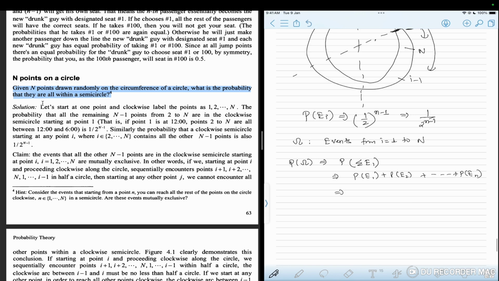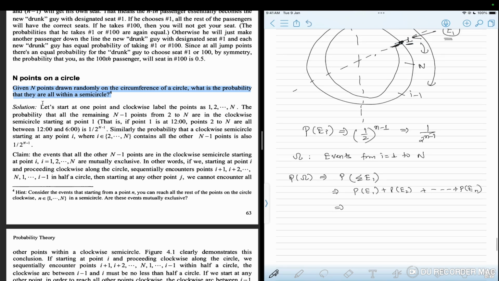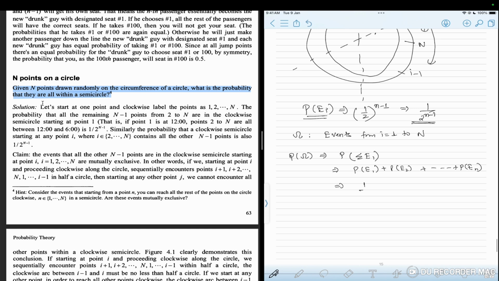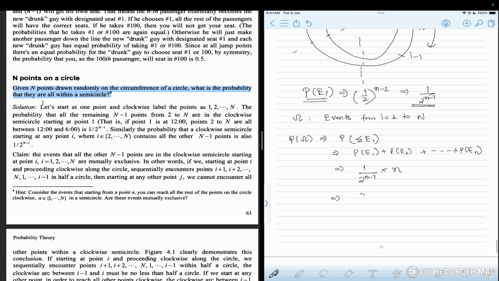We found that for each Ei, the probability is 1 upon 2 to the power n minus 1, and there are n such events. So the probability that n points lie on a semicircle is n upon 2 to the power n minus 1.